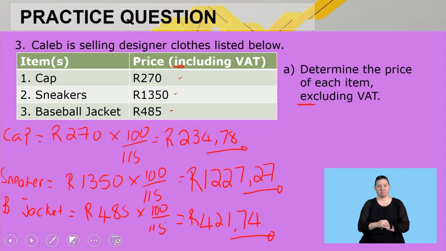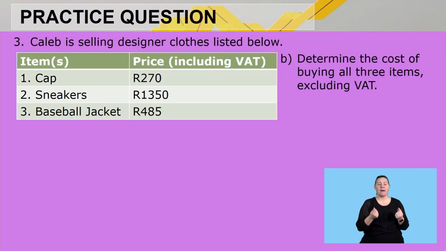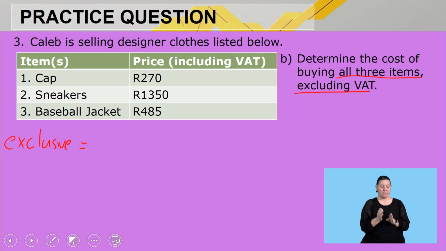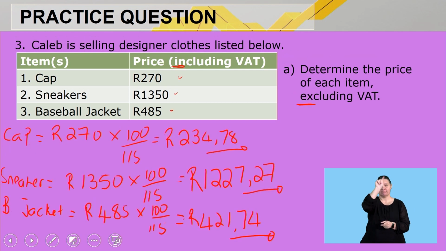Right, let's move along. B says, determine the cost of buying all 3 items excluding VAT. So now we need to calculate the total exclusive amount of all these items. We have already calculated those amounts on the previous slide.